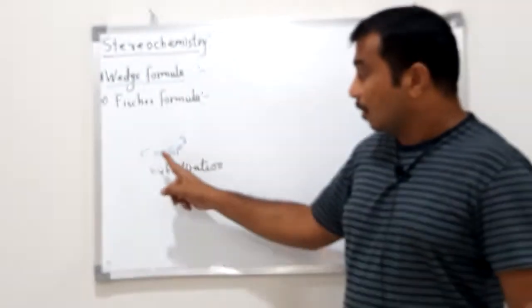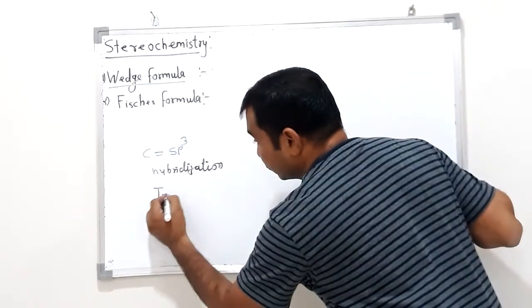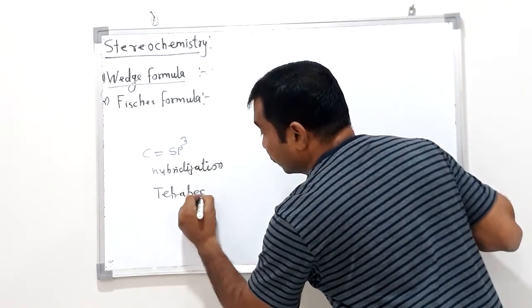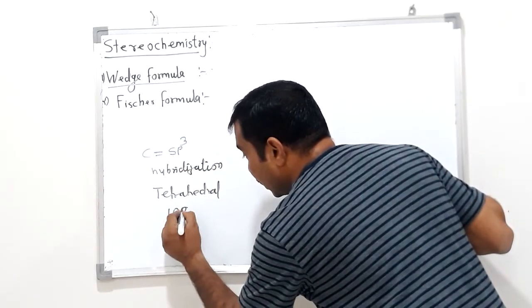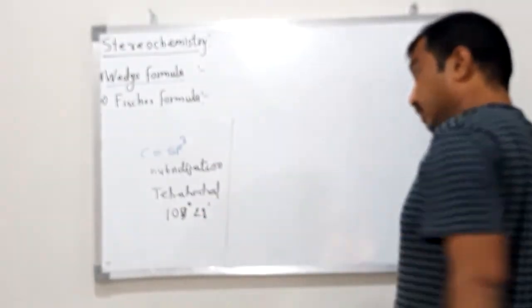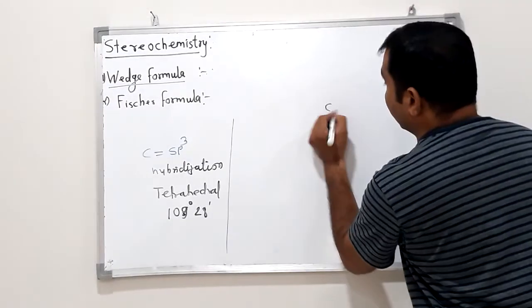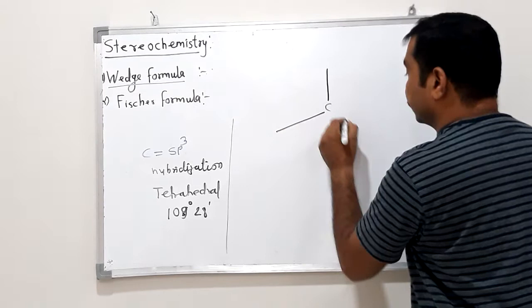Then the geometry of such a compound will be tetrahedral, with a bond angle of 109 degree 28 minute. Okay, so that was our discussion. We already discussed this, and the tetrahedral structure for the molecule is like this.